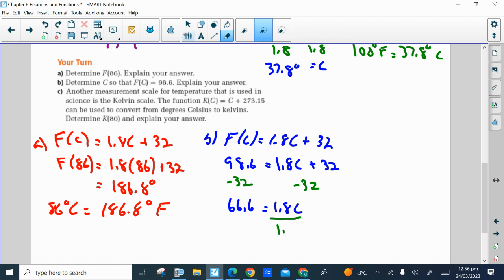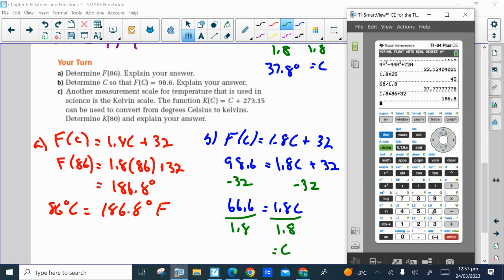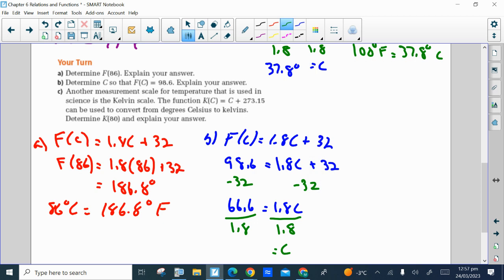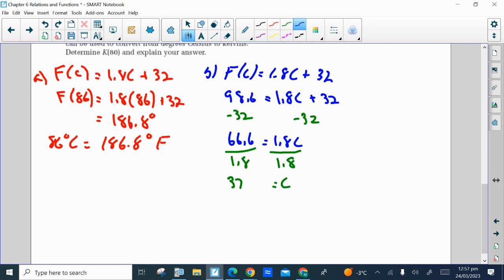This will give us C by itself on the right, and on the left, 66.6 divided by 1.8 is 37 degrees. F at C is the temperature in degrees Fahrenheit, so this means that 98.6 Fahrenheit is equal to 37 degrees Celsius.